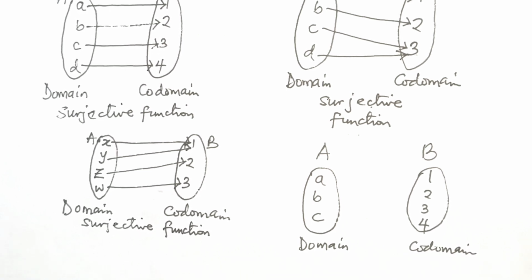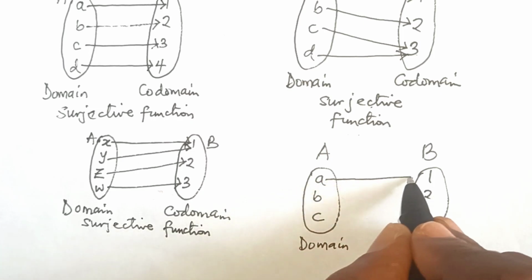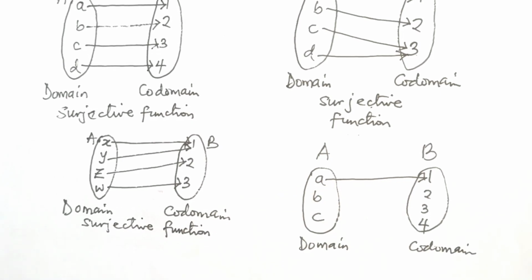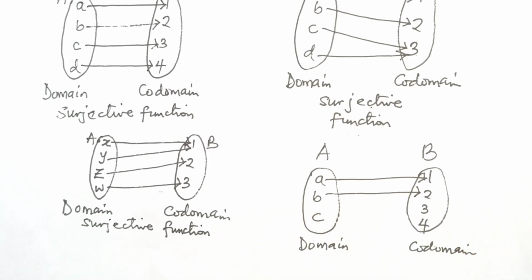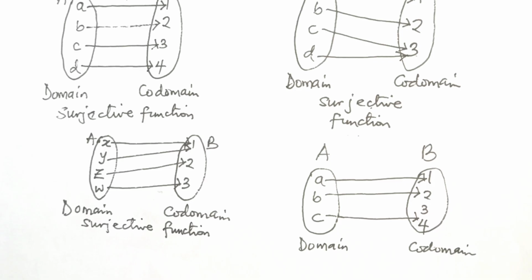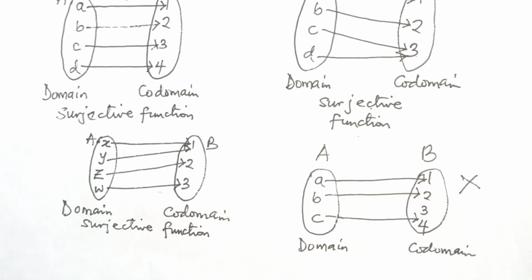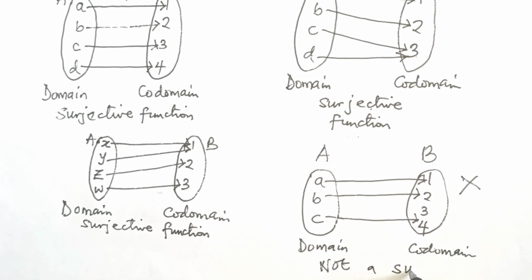A is mapped to 1, B is mapped to 2, while C is mapped to 4. Here you can see that one element is left out in the codomain, and that element is 3. So this does not represent a surjective function. We say it is not a surjective function.